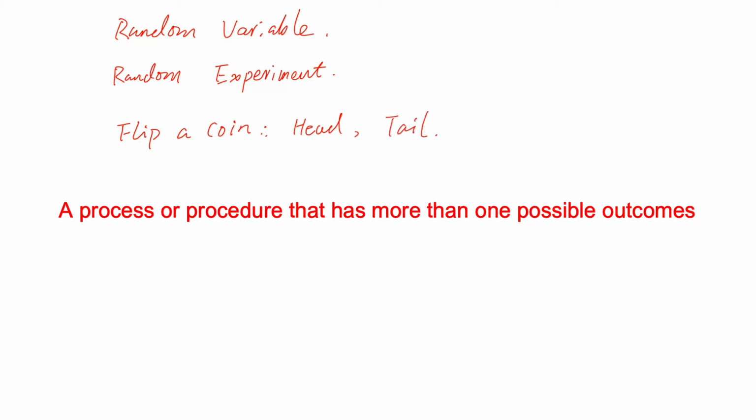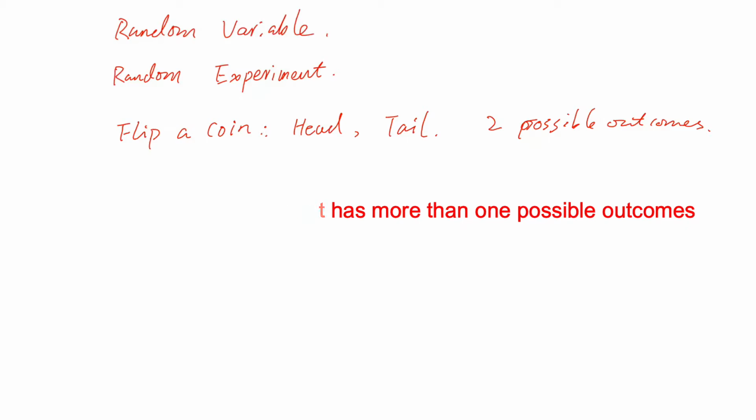So in this case, we have two possible outcomes. So therefore, flip a coin is, by definition, a random experiment because it has more than one possible outcomes.